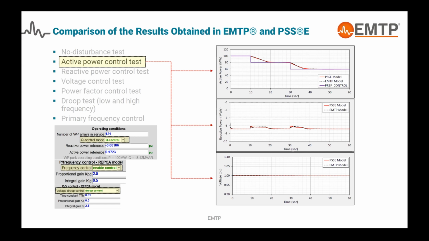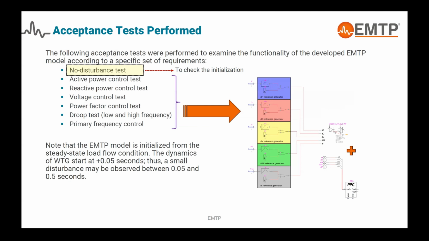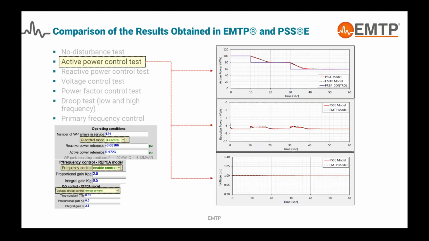So in terms of the active power control test, as I mentioned, you can play with these components here to apply a step and change the reference, right? If you want to change the reference for the active power, you play with this component, and as you can see, we change the P reference directly at the PPC.